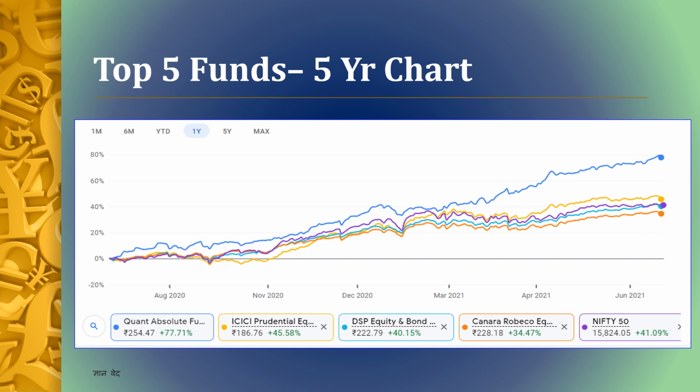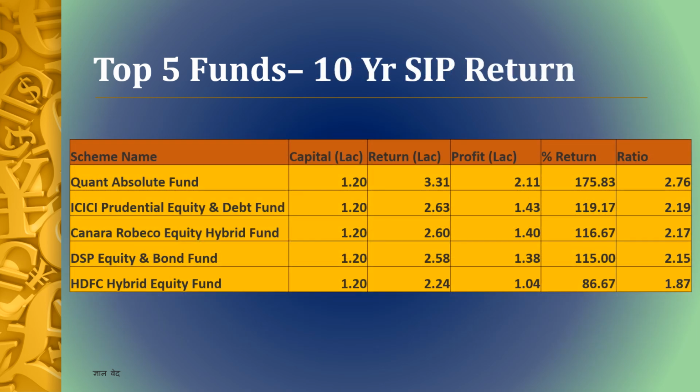Here also you can see all these funds except these two have performed better than Nifty 50. Here also Quant Fund is at number 1, then ICICI came in at number 2, and after that DSP and Canara are following.